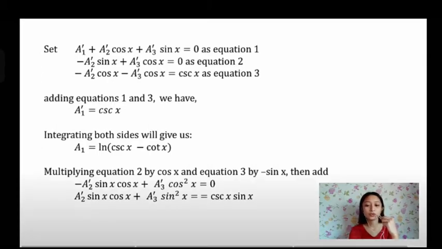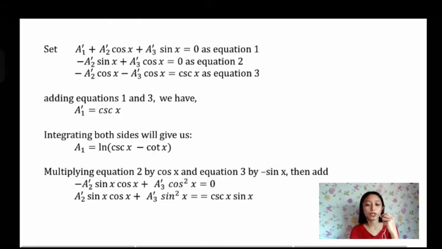Yun sa equation 1 naman, dun natin nakuha sa first derivative. While equation 3 is makukuha natin dun sa third derivative sa pinakalast, which is negative a sub 2 prime cosine x minus a sub 3 prime sine x equals cosecant x.